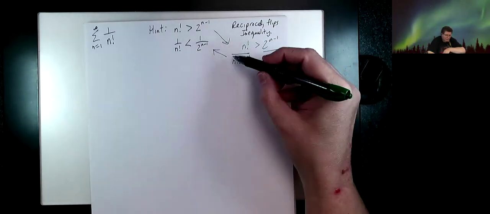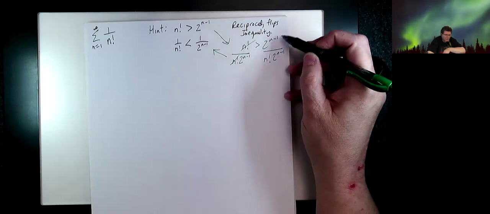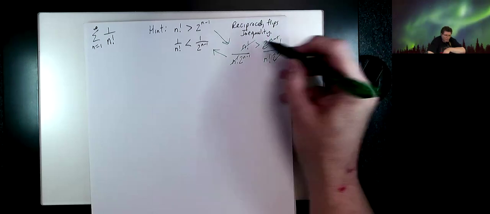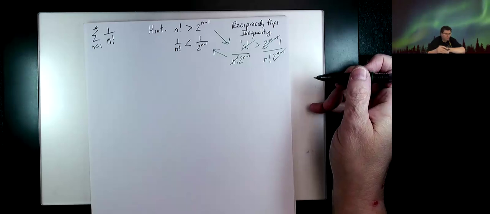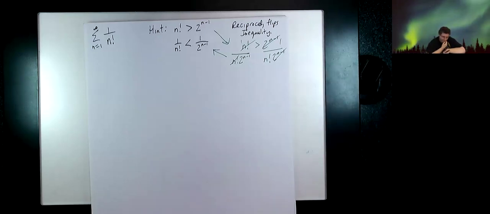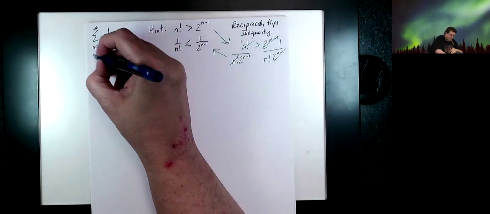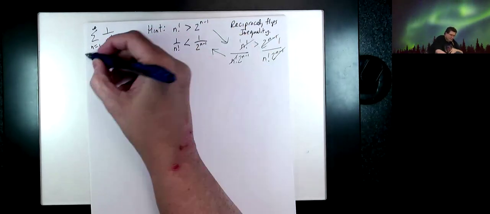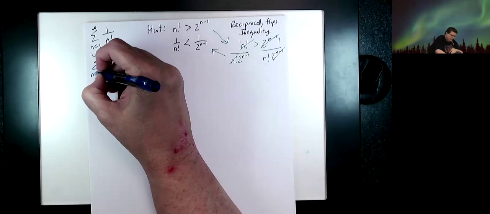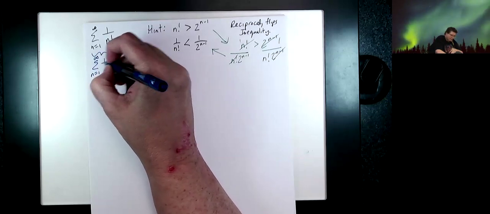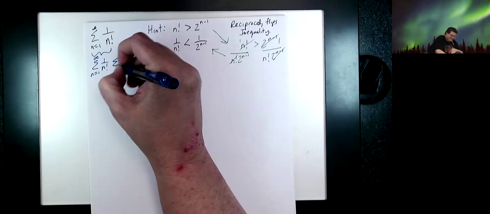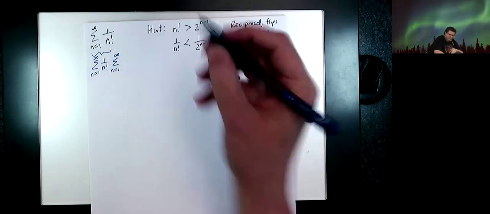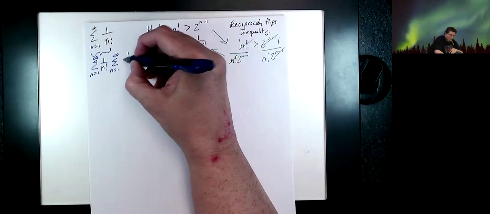And you will get 1 over 2 to the n minus 1 is greater than 1 over n factorial. So since we're doing less than here, I guess that's small enough. I don't need to write a sub k. The sum of 1 over n factorial is less than the sum from n equals 1 to infinity of 1 over 2 to the n minus 1.